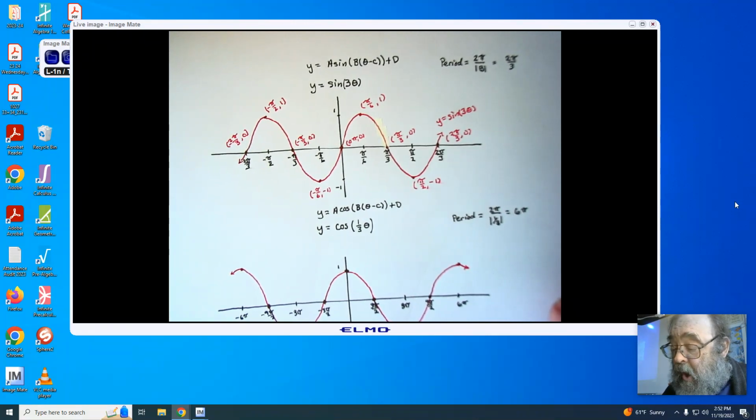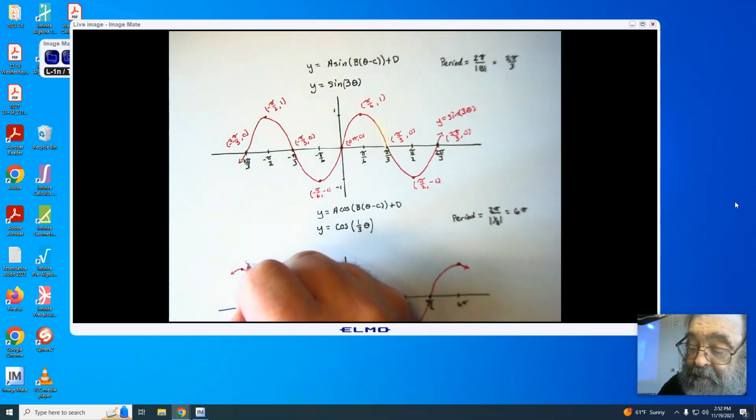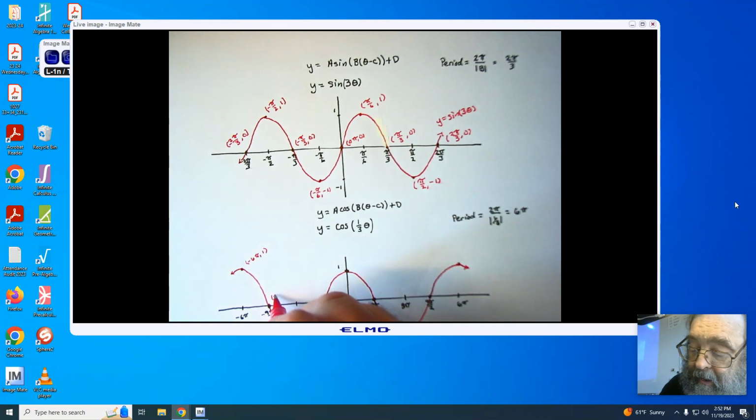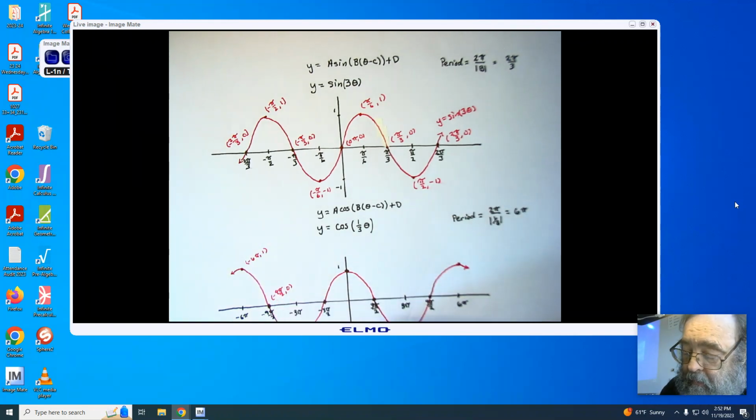All right, let's go ahead and plot our points. Negative 6 pi was at positive 1. Negative 9 pi over 2 was going to be at 0. Negative 3 pi is at negative 1.